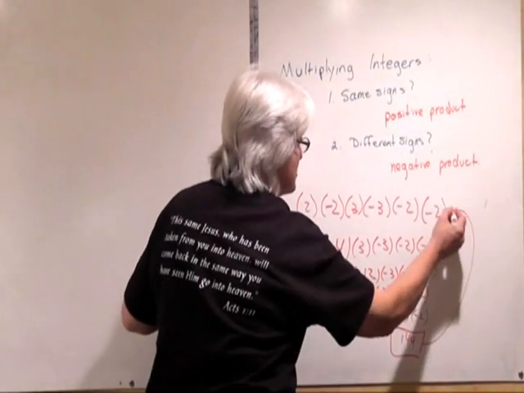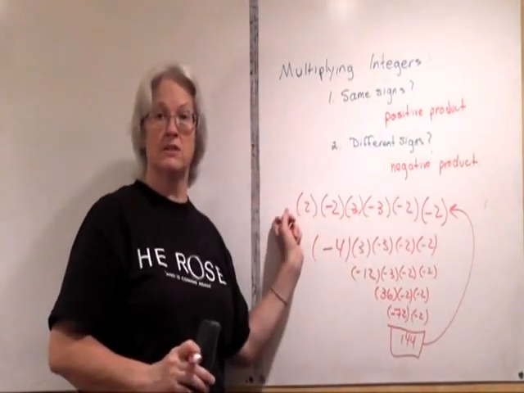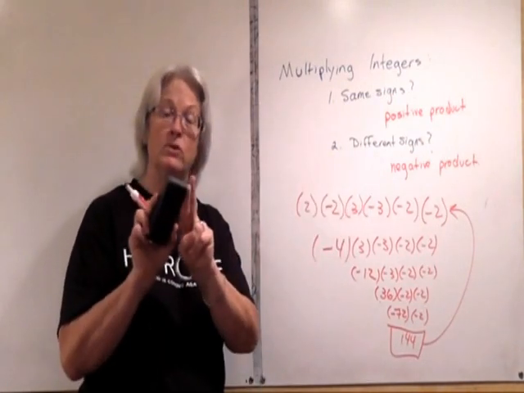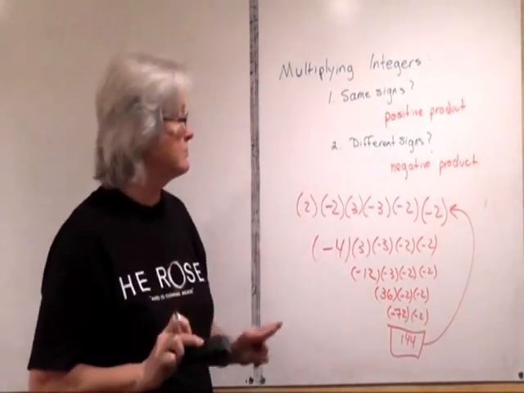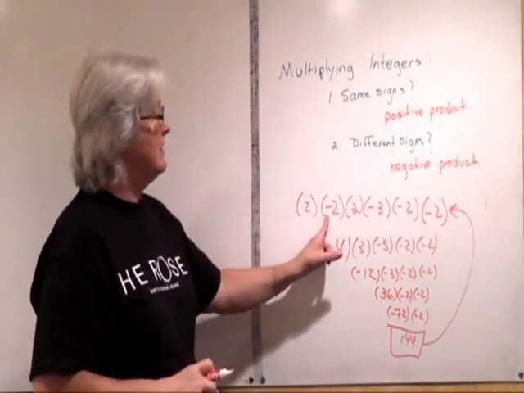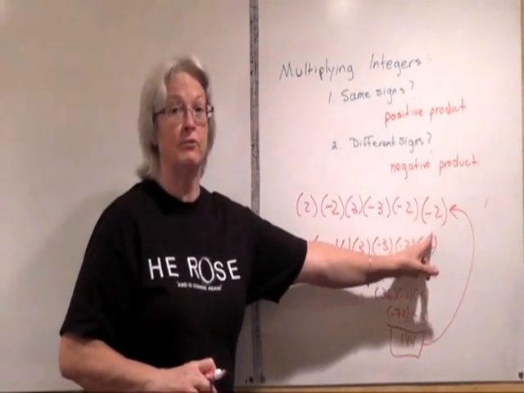What was I trying to show you here? Said, well, we've got different signs, so that means the answer is negative. No, because you can only multiply two signs together, and you can only multiply two factors together. I want you to count how many negatives we have here. 1, 2, 3, 4.